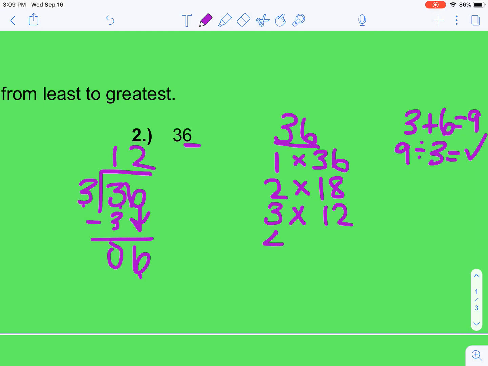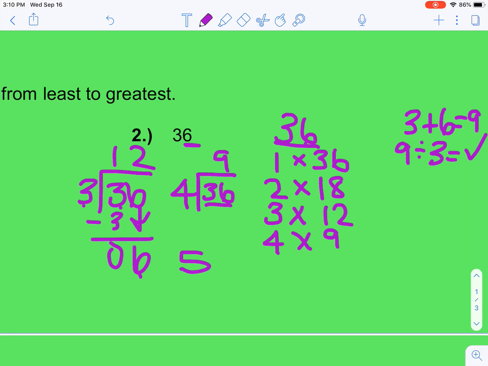Alright, now let's try 4. 4 doesn't have a very good trick when it's only a 2-digit number, so I'm just going to divide if I don't know my fact already. Well, we got to know our fact because 4 doesn't go into 3, so we need to figure out how many times 4 goes into 36. And 4 goes into 36 9 times.